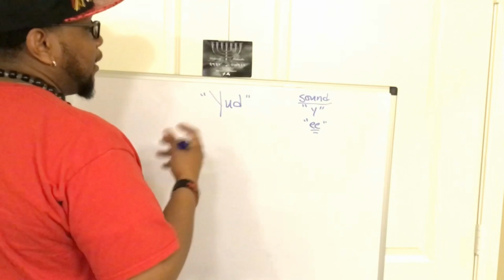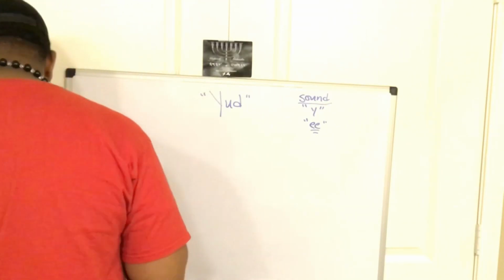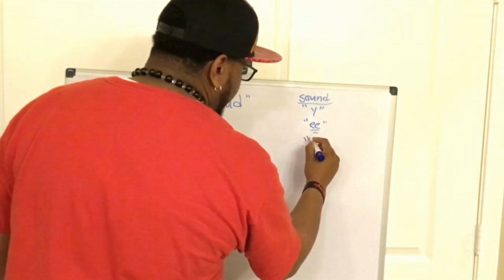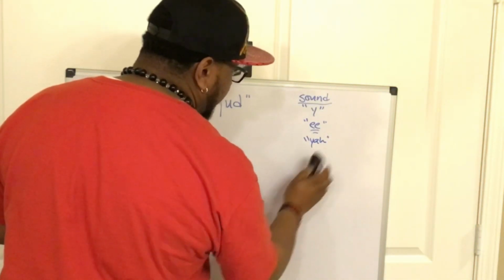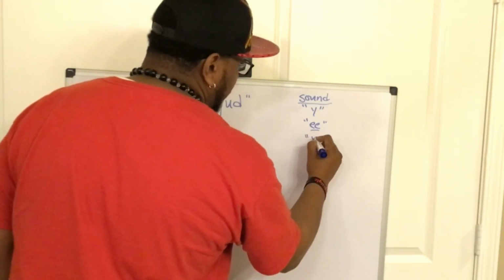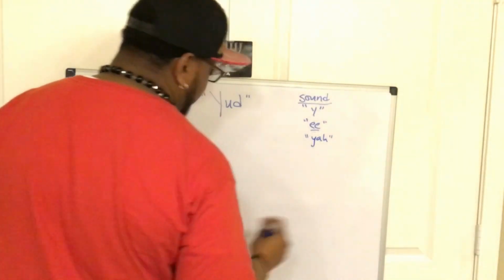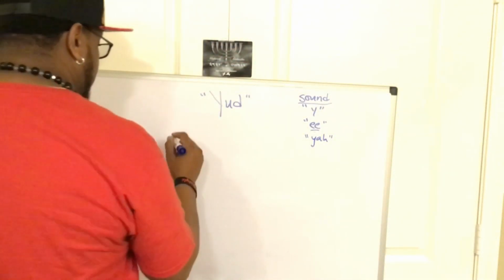So you'll see it in the middle of a word as E. And it also gives you Yah in a word. The name of the Creator, Yah. So we'll look at this.